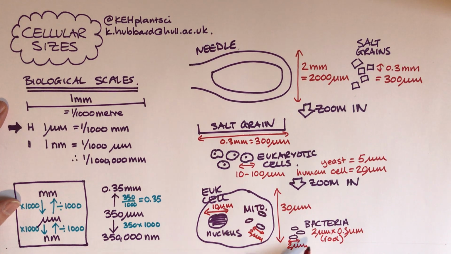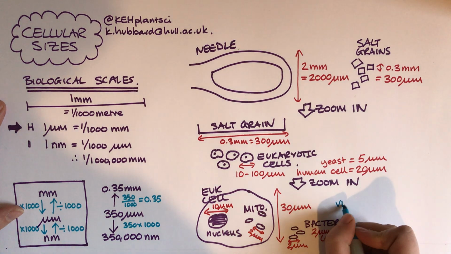They're roughly about the same sort of size, so that could be quite useful in terms of calibrating between the two. Our eukaryotic cell is about 30 micrometres in total, the nucleus is about 10, the mitochondria about 2 micrometres. Our bacteria were about 2 micrometres times 0.5 if they're this sort of rod, this sort of oval-shaped cell. That just leaves us to have some viruses, which I'll do in blue.